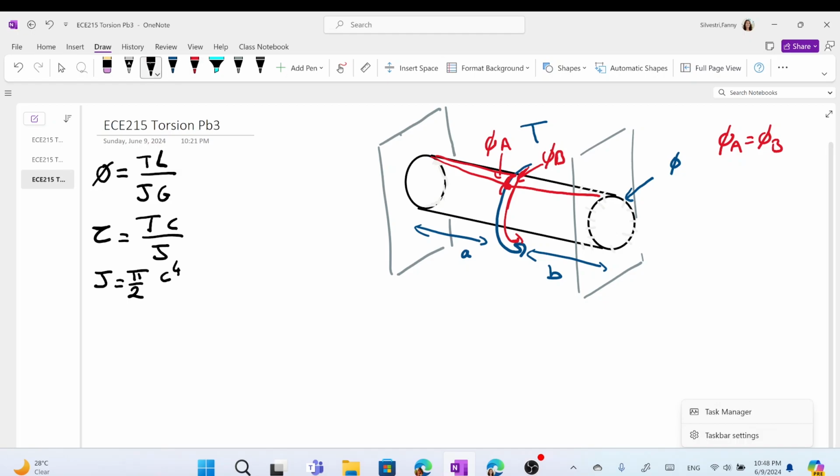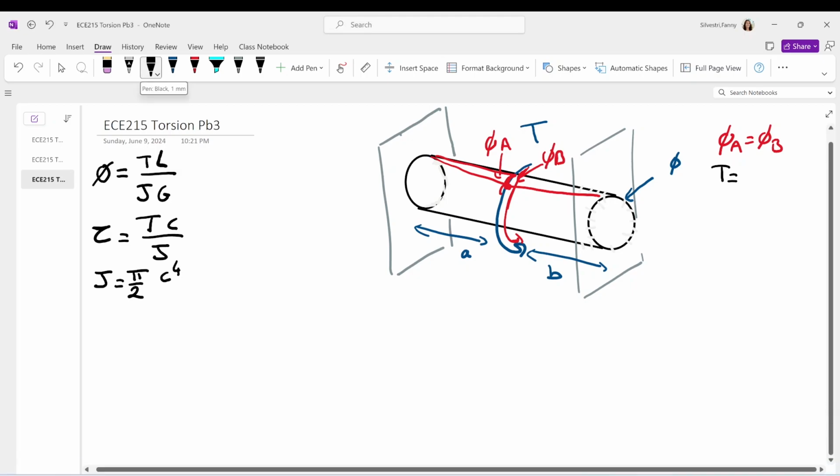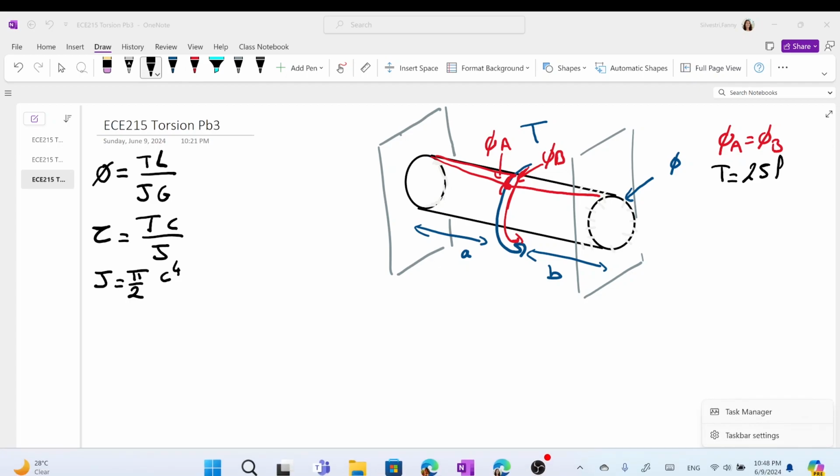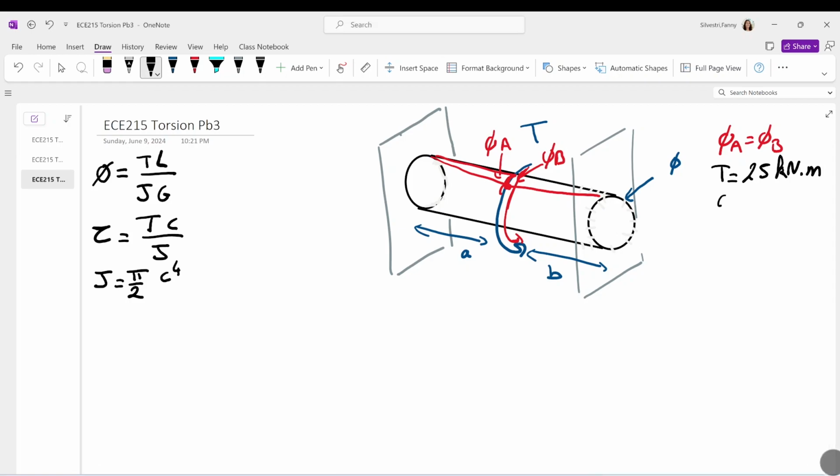So what do we have? We know the torque that is applied is 25 kilonewton meters. We know that the distance A is 20 centimeters, the distance B is 50 centimeters, and the diameter is 10 centimeters.